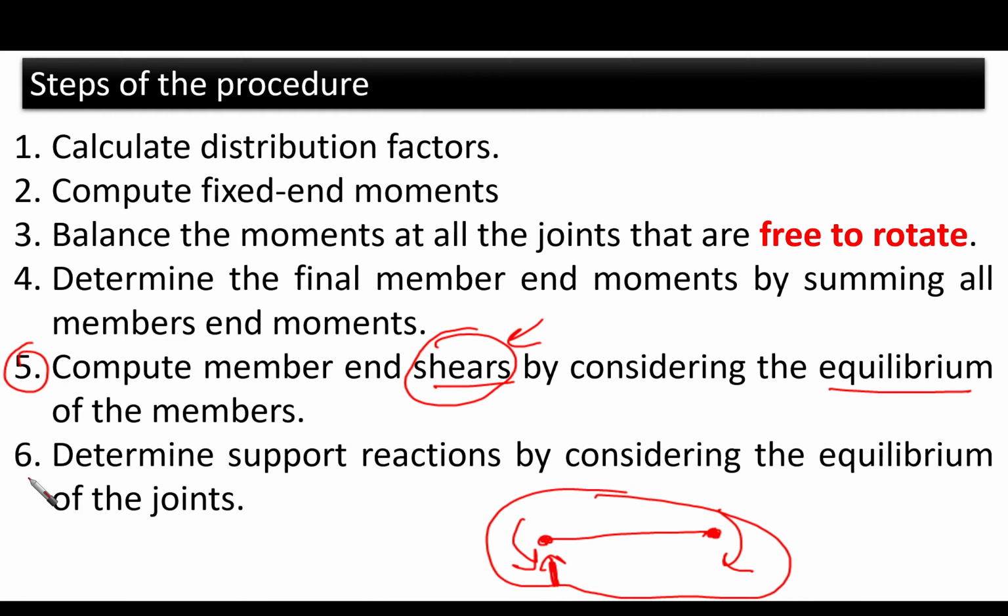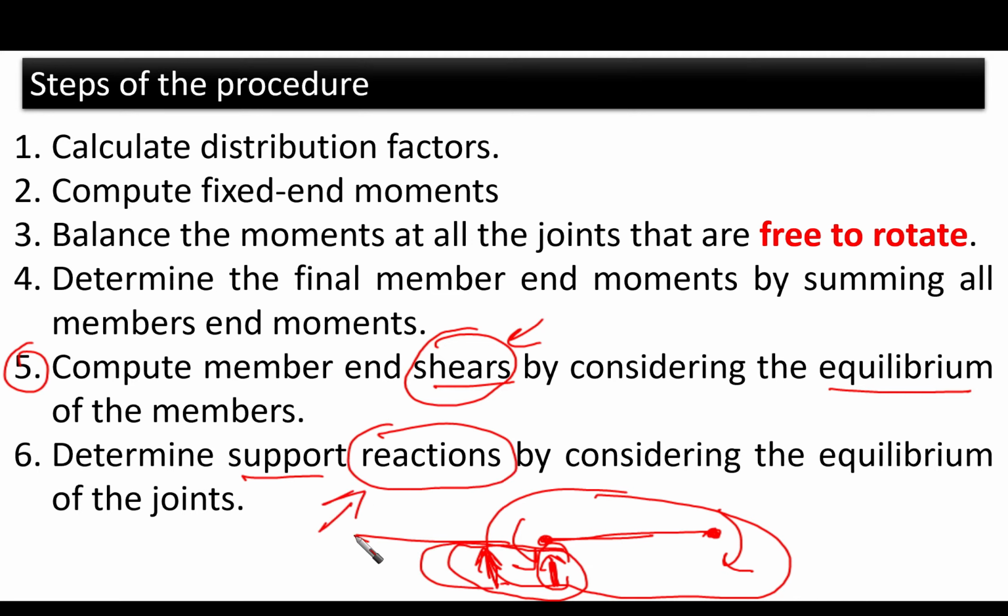And the final step is to determine the support reactions. After having the shear of the span from two sides, for example, the algebraic summation is going to provide us with the reaction at each point by considering the equilibrium of the joints.